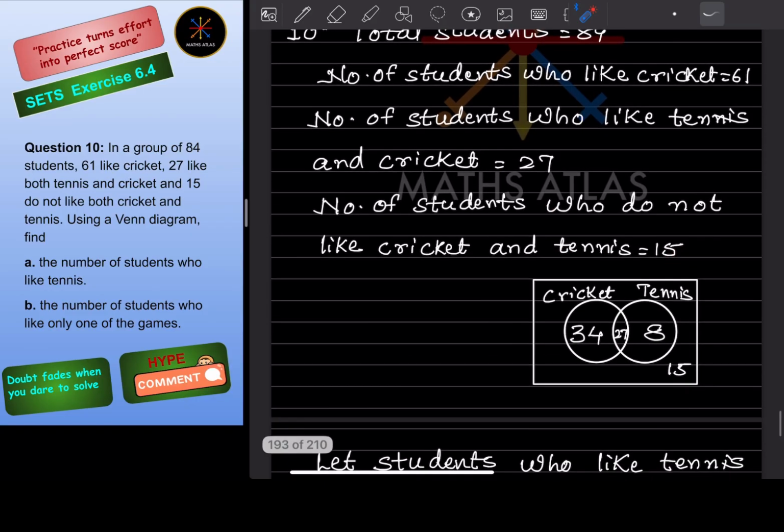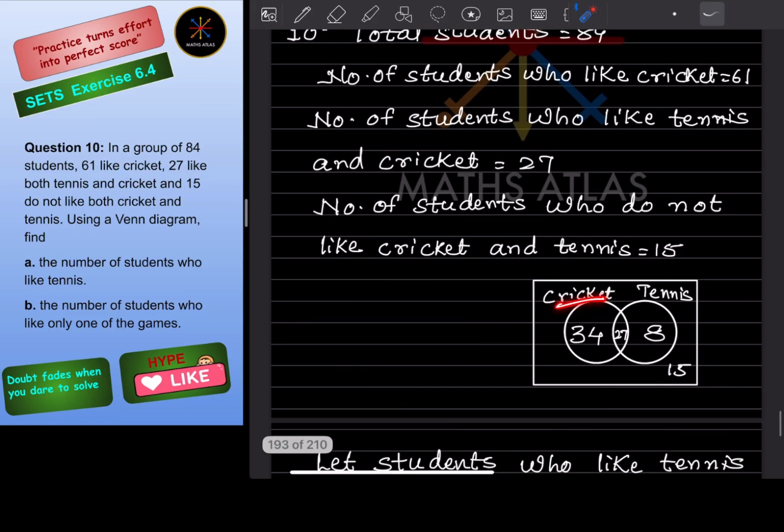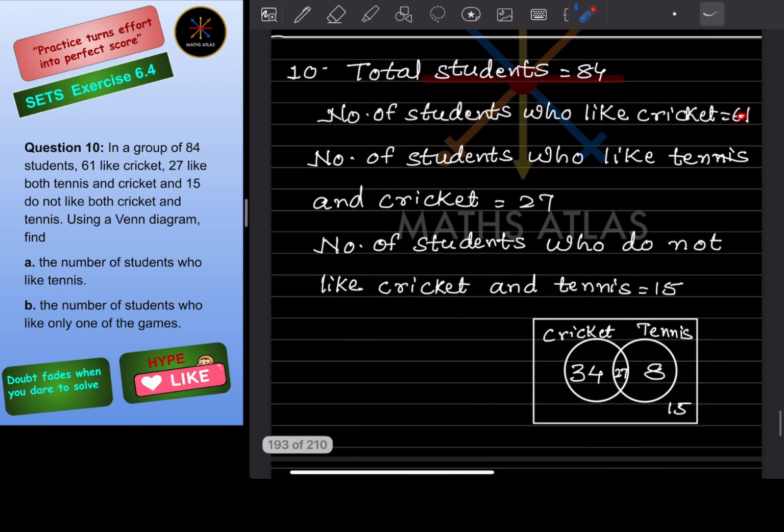So first, this is for cricket and this is for tennis. This is the Venn diagram. The number of students who like tennis and cricket, we'll write here because that is the intersection of both. For cricket, 27 is already here, so 61 minus 27 is going to be 34.